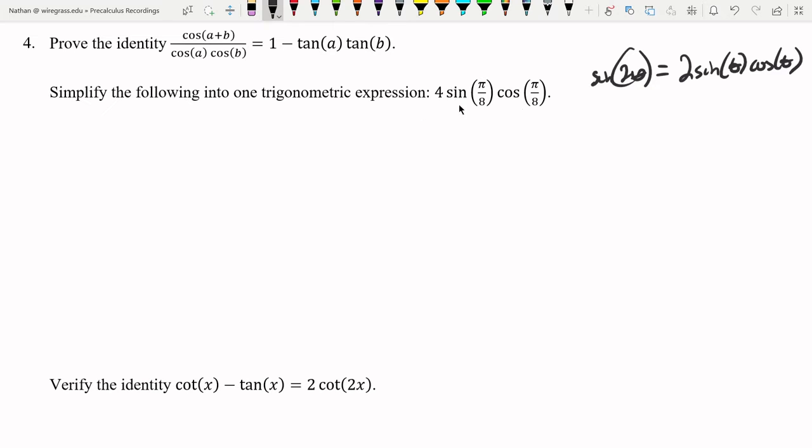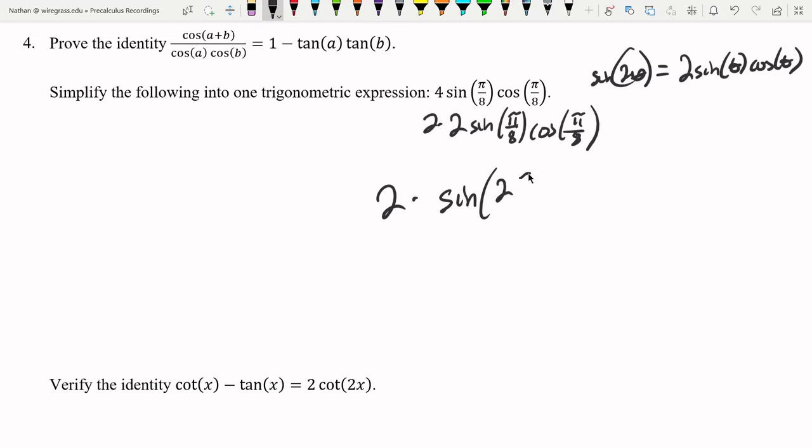And that looks very similar to this. Now we don't have 2 sine theta cosine theta. We actually have 2 times 2 sine theta cosine theta. So that tells me that we have 2 times sine 2 theta.